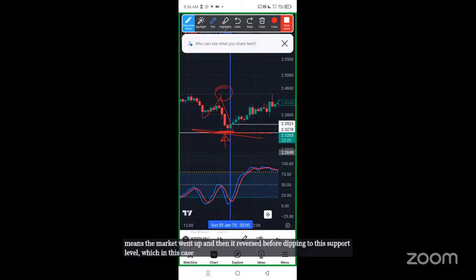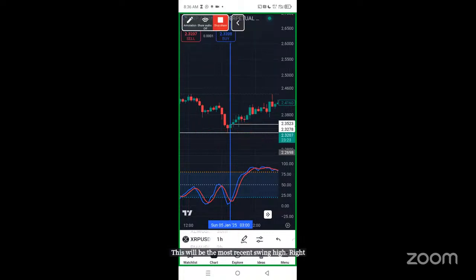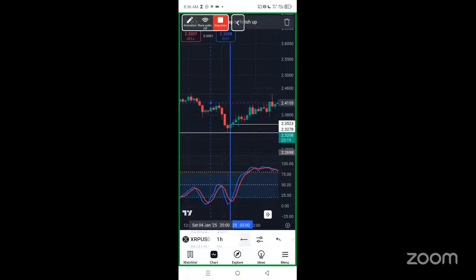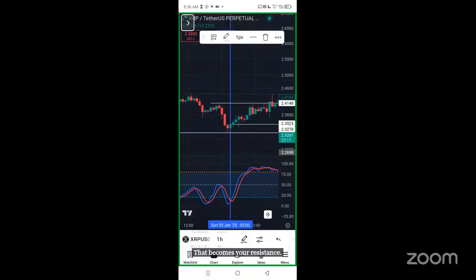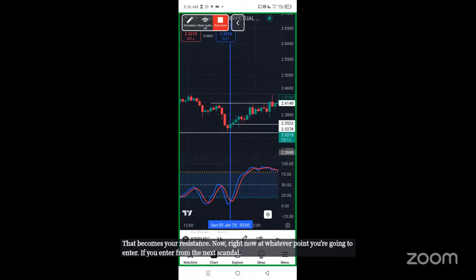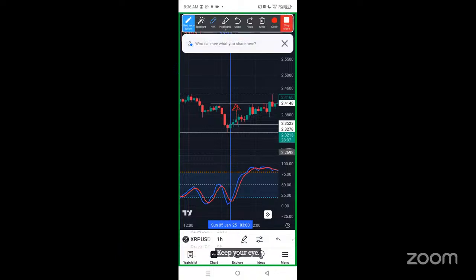This is the most recent swing high with regards to our entry point. Just simply draw your line there. That becomes your resistance. Now, at whatever point you enter, if you enter from the next candle, keep your eye here. That will be your take profit.